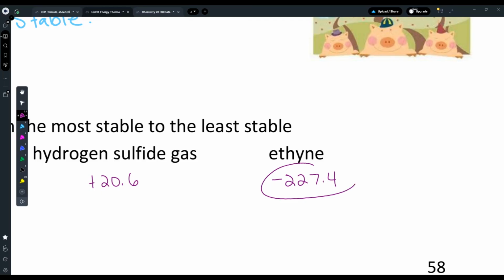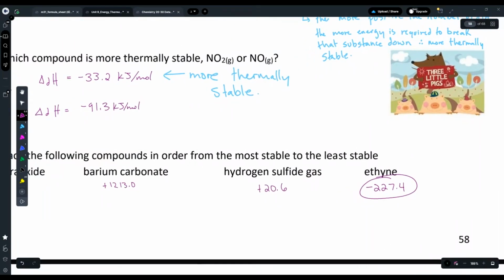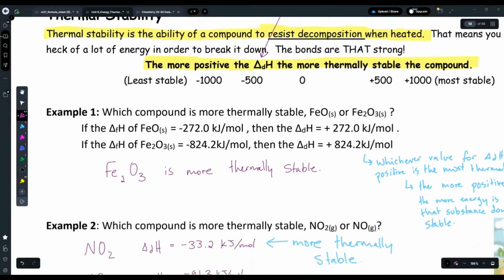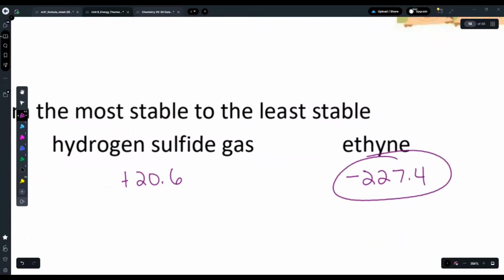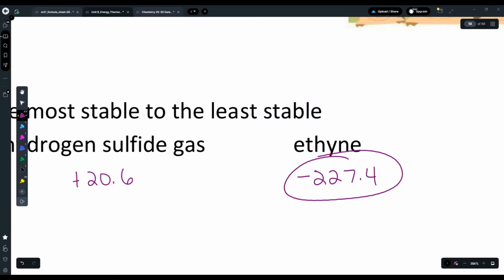Okay, so if you're wondering why this number is different from the molar enthalpy of combustion from our previous question back when we were talking about efficiency, the example 2, it said that the molar enthalpy of ethyne, which is the same thing as acetylene, was negative 1,256.2 kilojoules per mole.